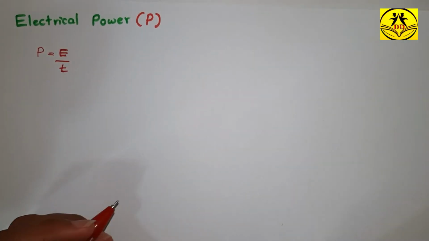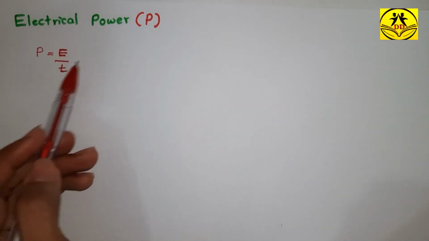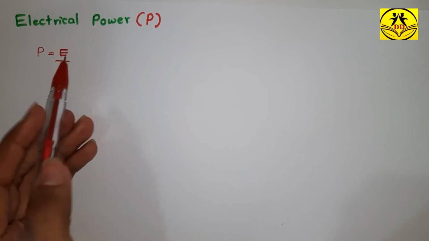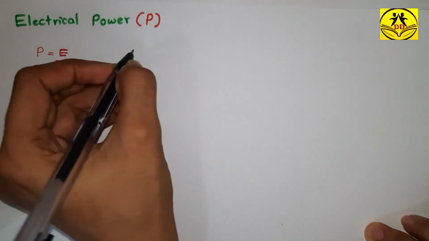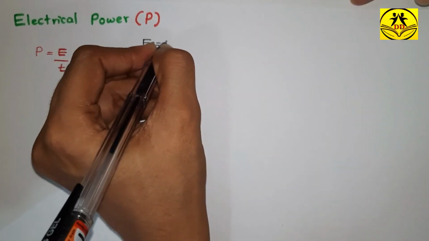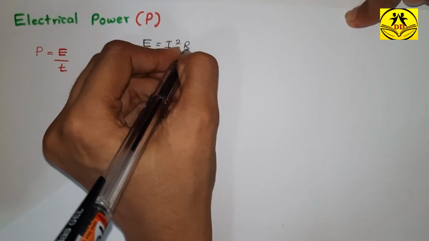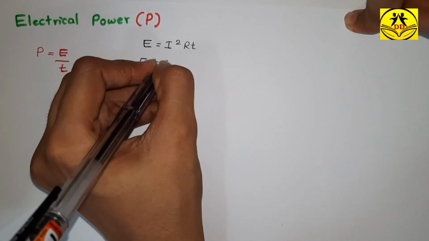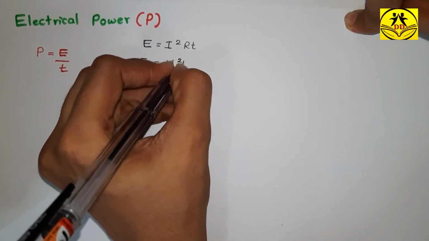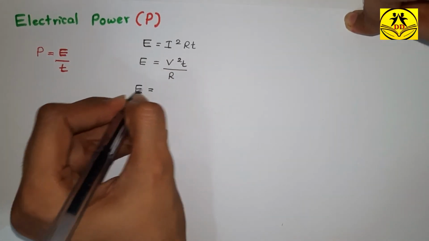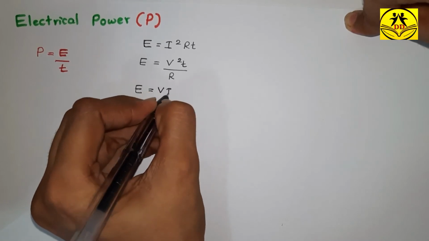So for these ideal resistors, we can substitute the equations we derived earlier for this E. So then we can write, what you know equals, first you know I squared RT, and you know equals V squared T over R, equals VIT.